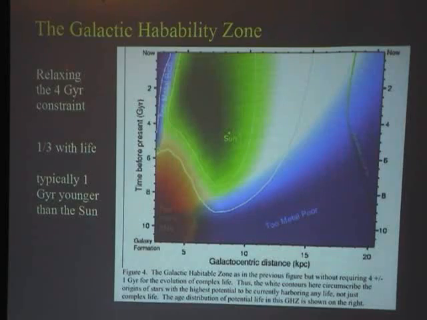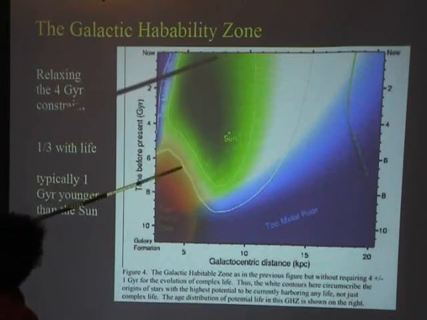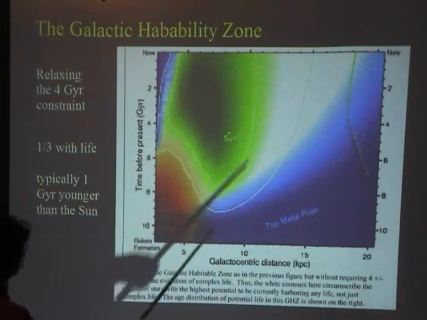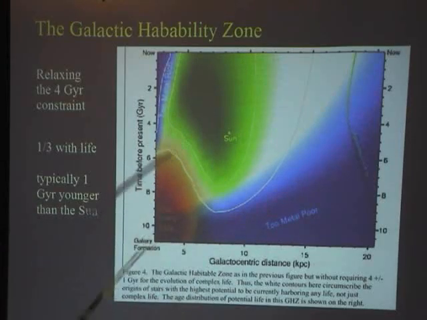I guess it might be 10 Hubble times or something. It's definitely fading out, so it might be 10 Hubble times. Actually, eventually you'll have to worry about the stars going out and things like that. So you could just forget about that 4 Gyr thing and just say that maybe that's wrong, it takes 0 Gyr for life to arise, even multicellular life. And that would just push this green part all the way up to here. It doesn't change much elsewhere.